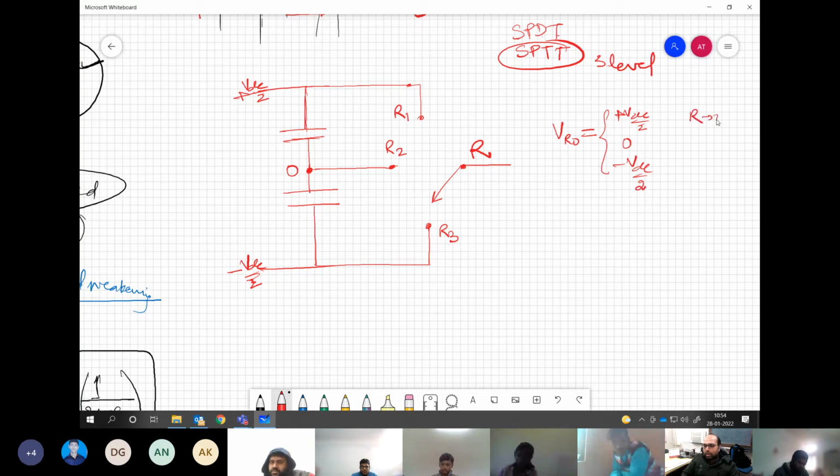So here R is connected to R1, R is connected to R2, R is connected to R3. Any doubt in that? So here do we need 2 sources? You need a midpoint. You can use capacitors in series to realize that with one single source.